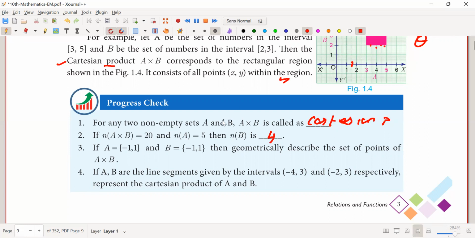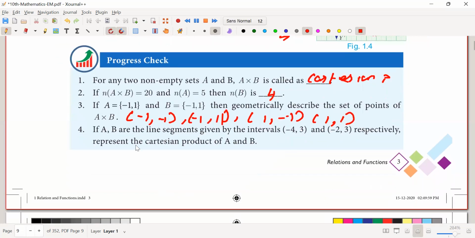Whatever it is, go with the first term itself. Minus 1, minus 1. Minus 1, 1. 1, minus 1. 1, 1. So, like we already told, 4 points we have got.